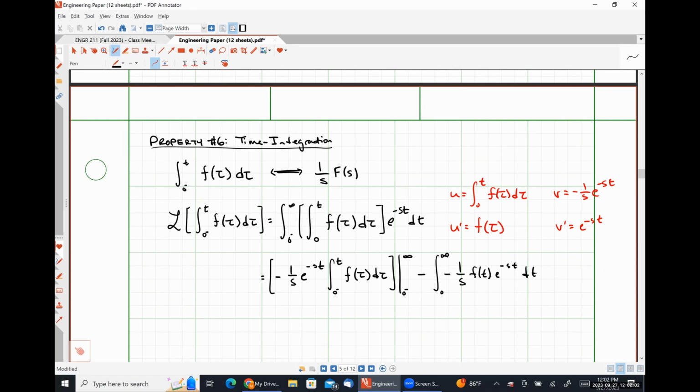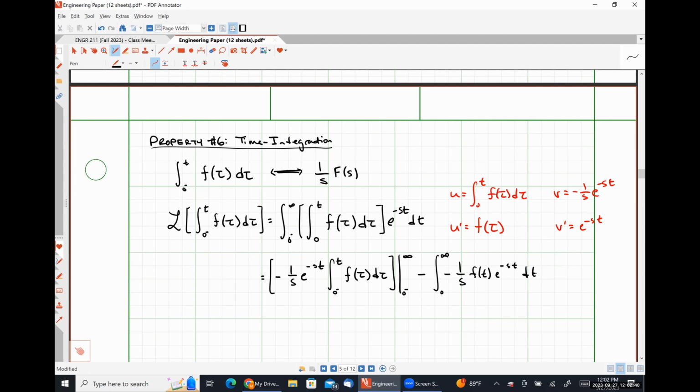So when t is equal to infinity, what does this term go to? 0. The exponential function goes to 0 when t is equal to infinity, so 0 times whatever this integral is looks like 0. What happens when t is equal to 0 minus? Well, this bit's going to look like 1. But what's the integral from 0 minus to 0 minus of a function? 0, because there's no area under the curve because there's no distance that we're integrating in, right?